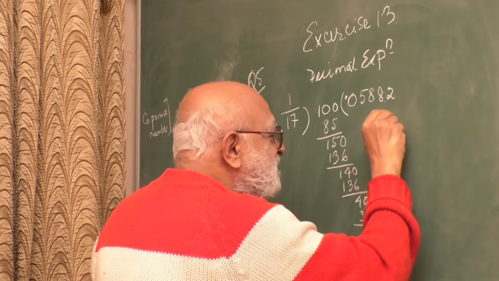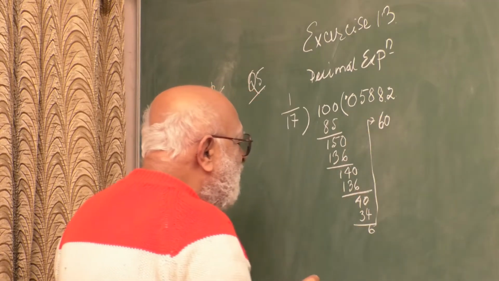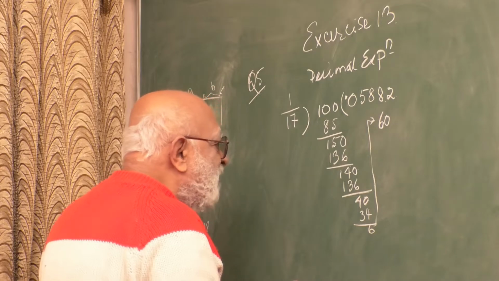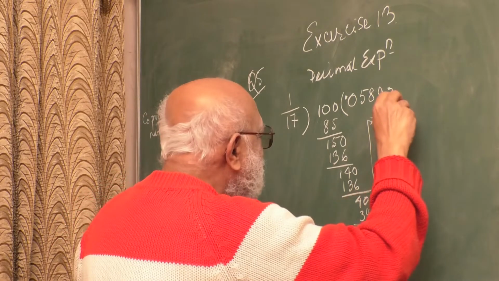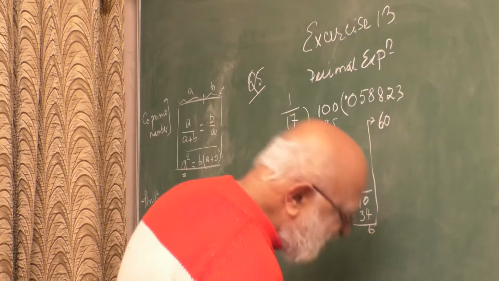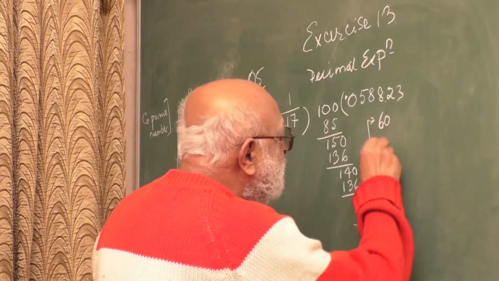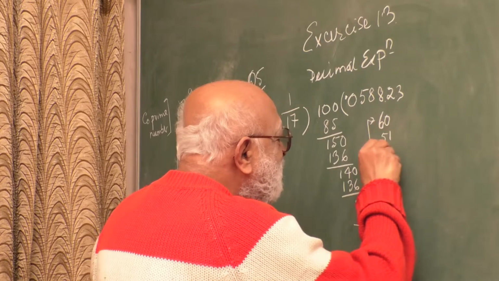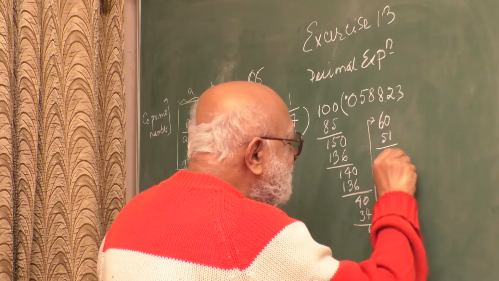So this should be 60. So 60 will be what? 3, 51. So it should be 351. So after 2, this would be 51. So that gives you 90.